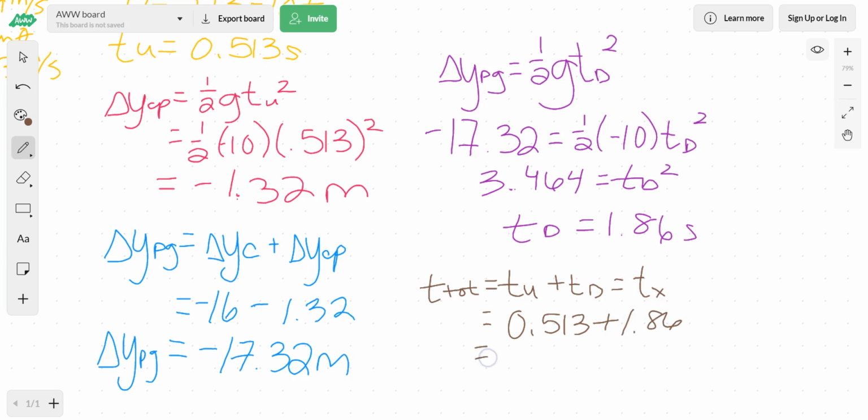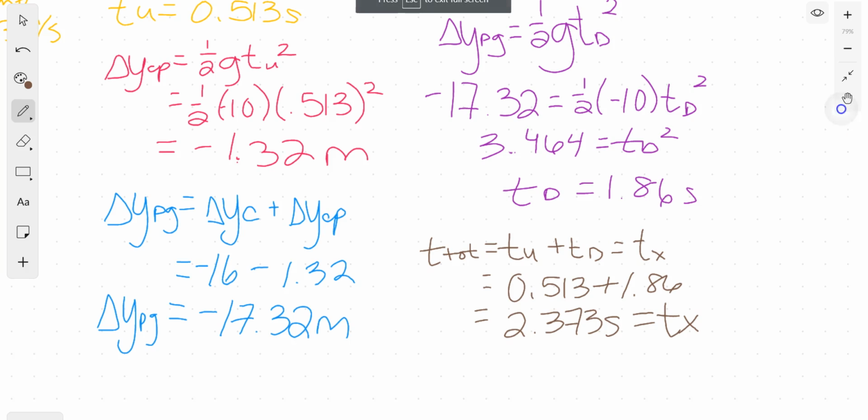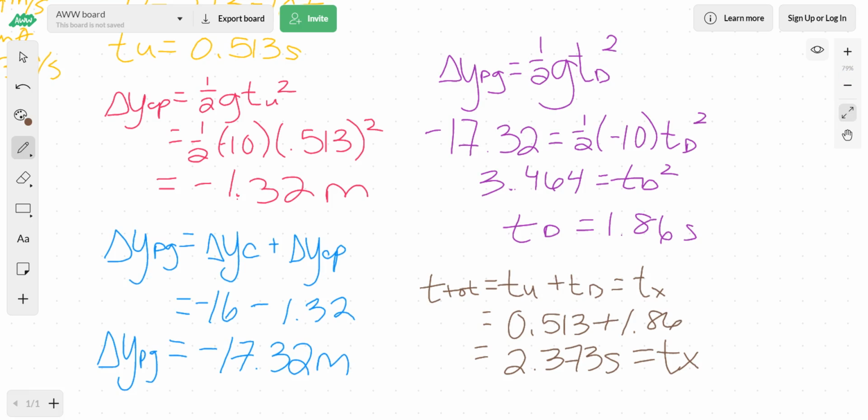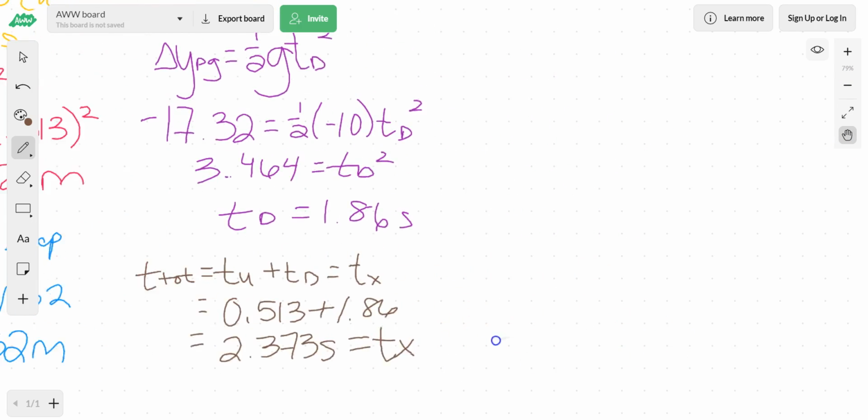So when you add those two together, 0.513 plus 1.86, you get 2.373 as your time total, and that's the total time that it's moving in the x direction. So it's moving forward the entire time for 2.373 seconds.